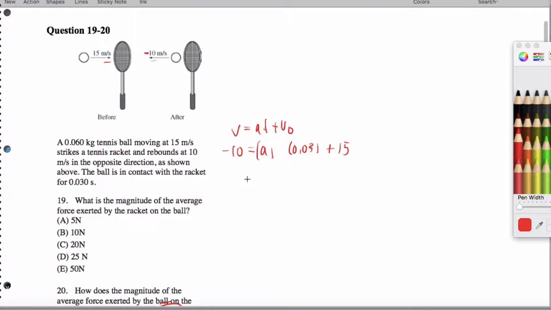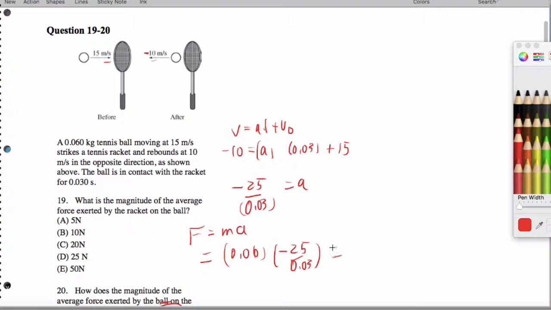So I'm going to get negative 25 over 0.03 as my acceleration. Then the force is m times a, which is 0.06 times negative 25 over 0.03, which ends up being 2 times negative 25, giving a magnitude of 50 newtons.